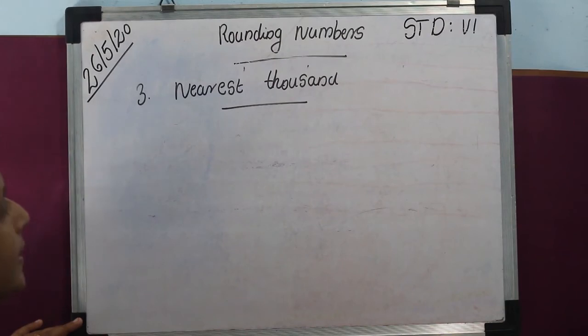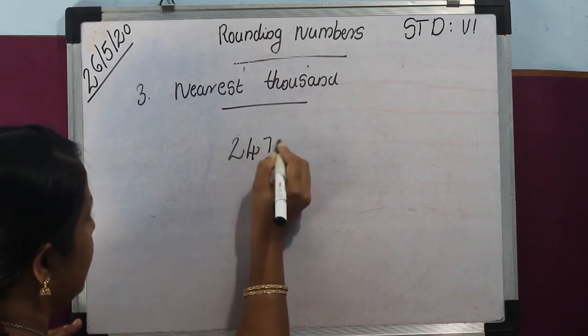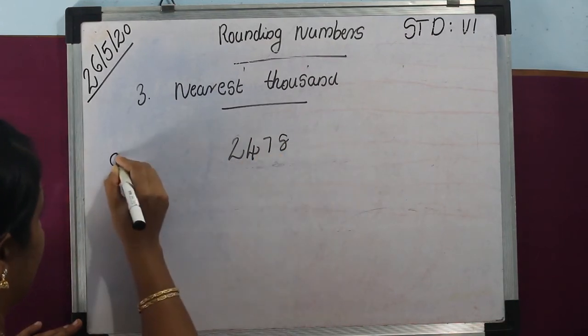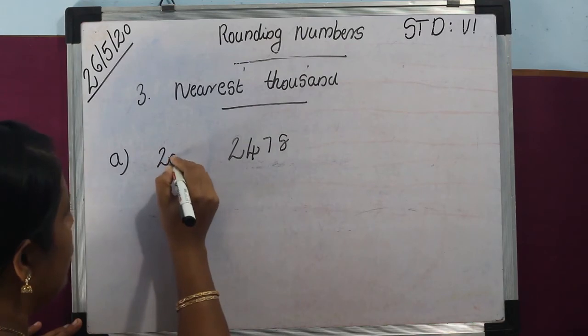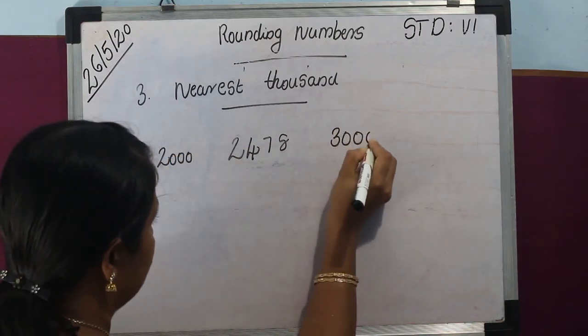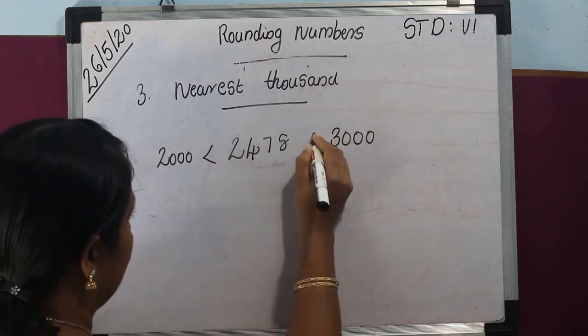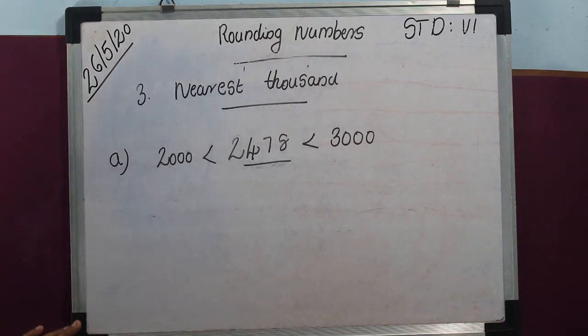The third heading is nearest 1000. Consider one example, 2478. We know that 2478 lies between 2000 and 3000. Next we take the last three digits, that is 478.